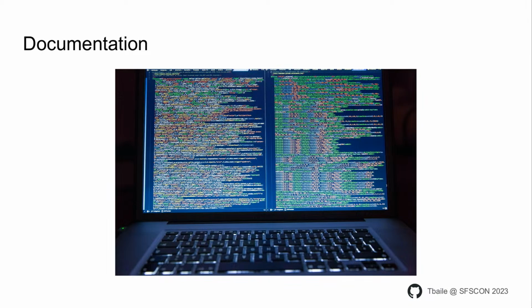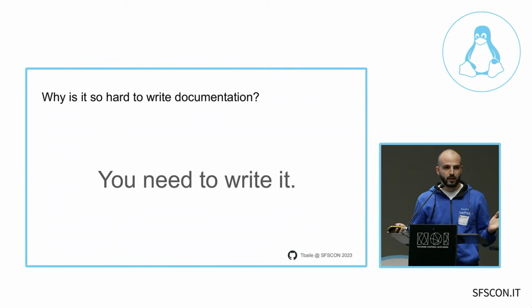So, the first step I think our company is going to make, and this is a list, is improving our documentation. It's hard to say, but the main problem about documentation is writing it, right? Everyone does not want to write documentation, maybe at all.